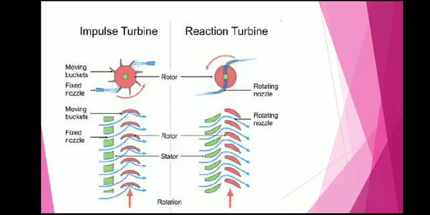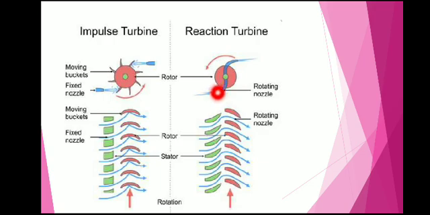The difference between impulse turbine and reaction turbine is that in an impulse turbine a fixed nozzle is there, and the bucket moves due to the water force. The water force moves towards the blade and it will rotate. You see, in this reaction turbine the rotary nozzle is there.